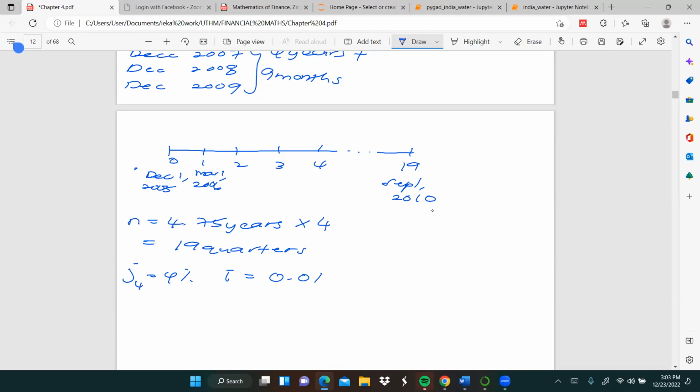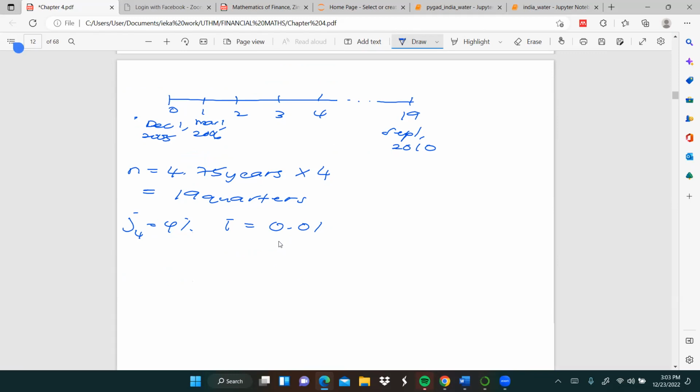So in this case, we have S, we have 500, and our N is 19, our I is 0.01.